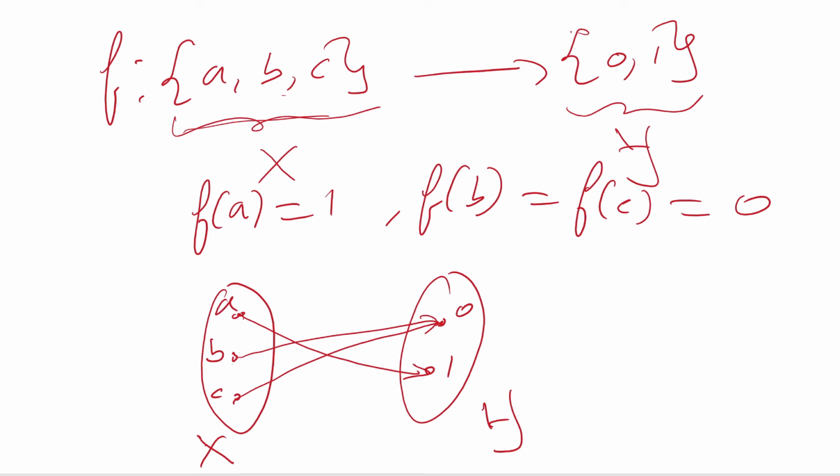So b maps to 0, only one element, right? Then a maps to 1, only one element. c maps to 0, only one element. So this is a function.